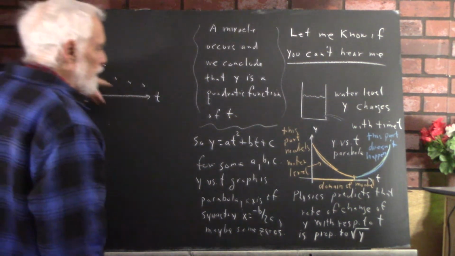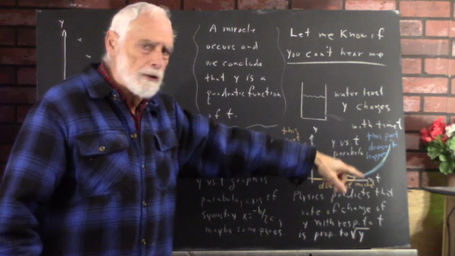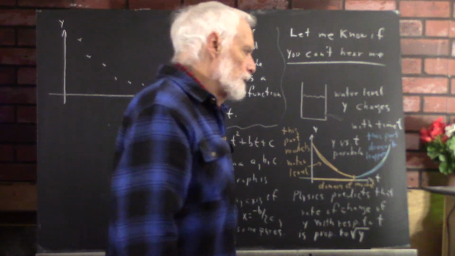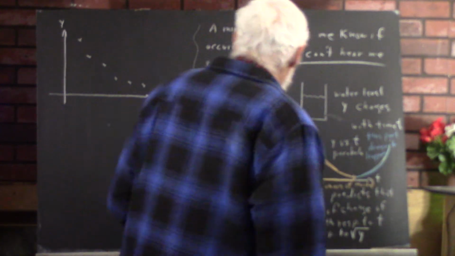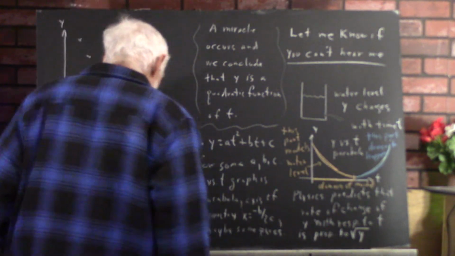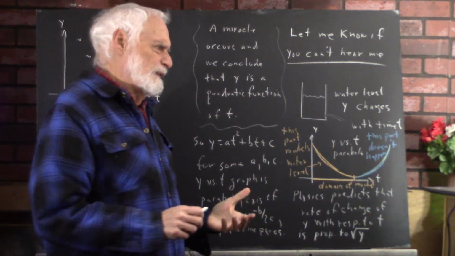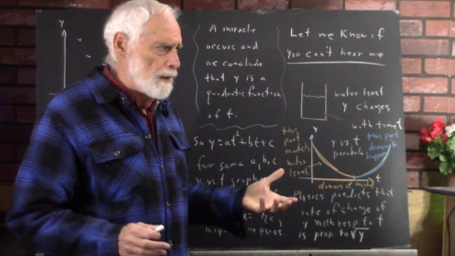The data doesn't follow a perfect parabolic curve because we're doing this by pacing around, and we're trying to keep a steady pace. There's always a tendency to speed up a little bit or slow down a little bit. And there's also a tendency to miss a check mark here and there.